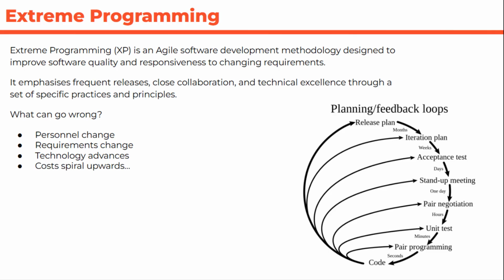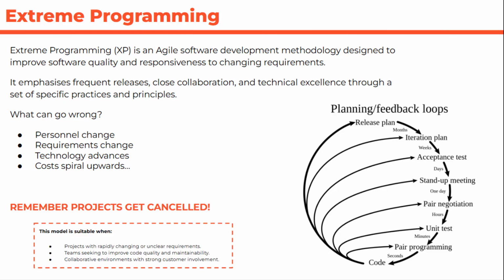And also costs can spiral. Because the focus is on the development team, they're not really bothered about the cost of the project. As long as they get paid, they don't care. Okay? And as we go, just don't forget that any project can get cancelled and that can scupper what you're trying to do.